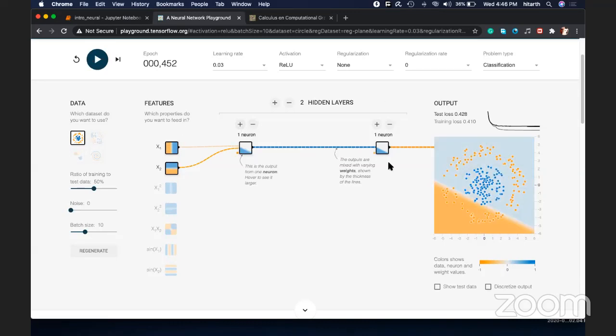So what is happening here? What can one neuron do? By this thickness, you can see the weight. This is -0.86. This is -0.43. So at this neuron, this is the separation that you have between these two areas. Now just think about what this line is.